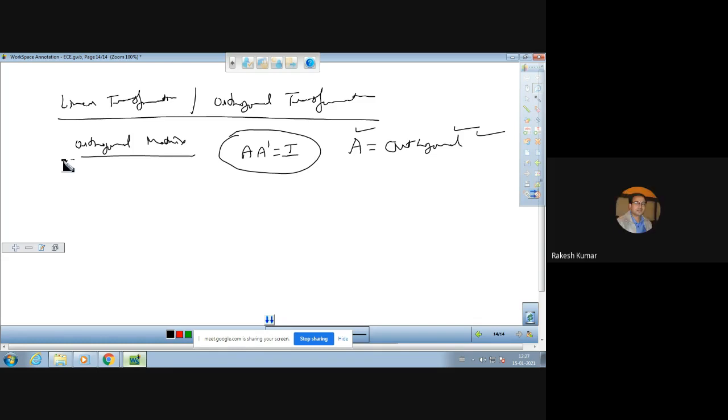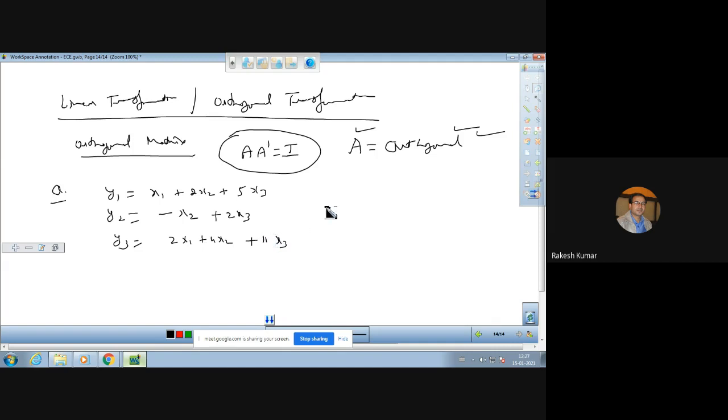Today we shall discuss one more thing with the help of a question. The question is: show that the transformation y1 is equal to x1 plus 2x2 plus 5x3, y2 is equal to minus x2 plus 2x3, and y3 is equal to 2x1 plus 4x2 plus 11x3.